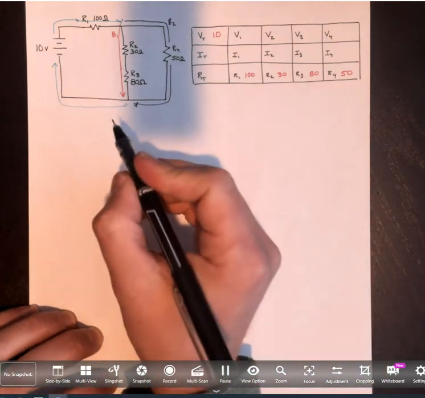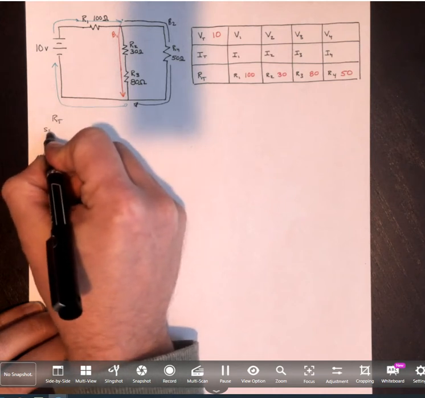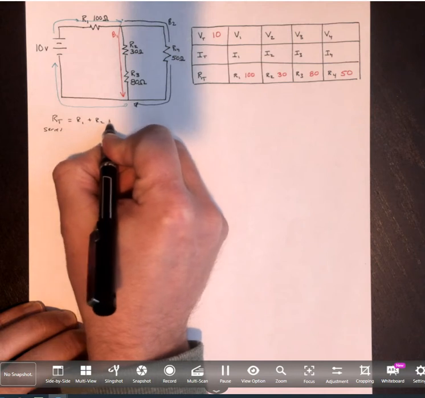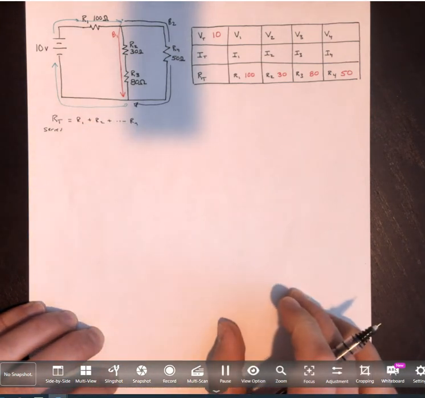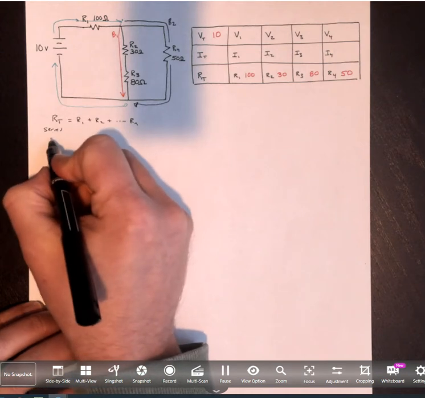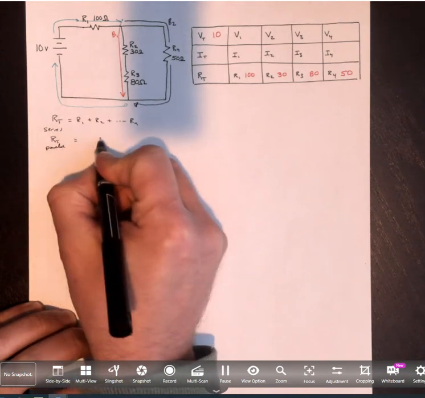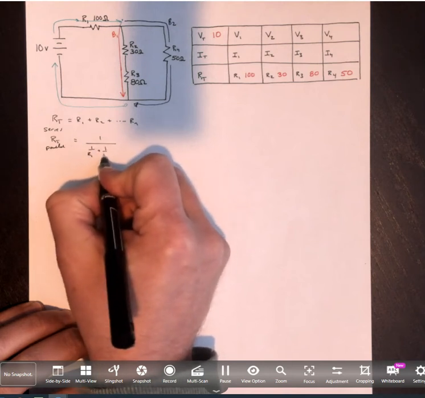Well, total resistance in a series circuit, if you remember, is simply the sum of all the resistors. The total resistance in a parallel circuit is 1 divided by the sum of the reciprocals.